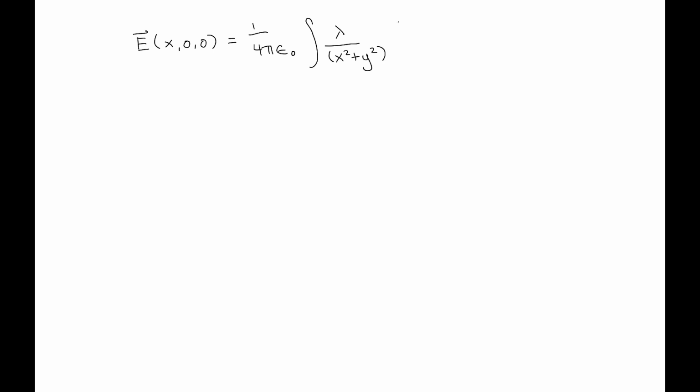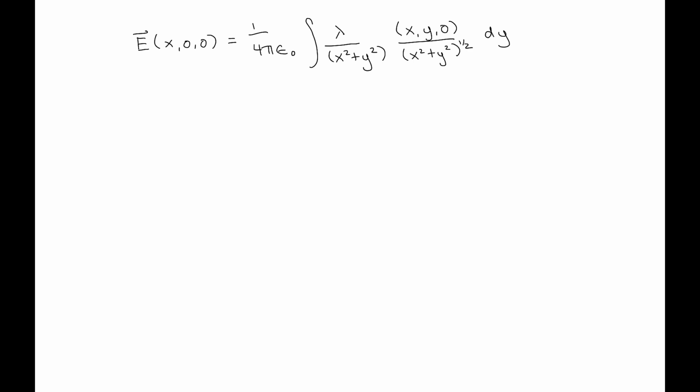And then my r script r hat, that unit vector, turned into this bit here. And then the dl is now a dy.